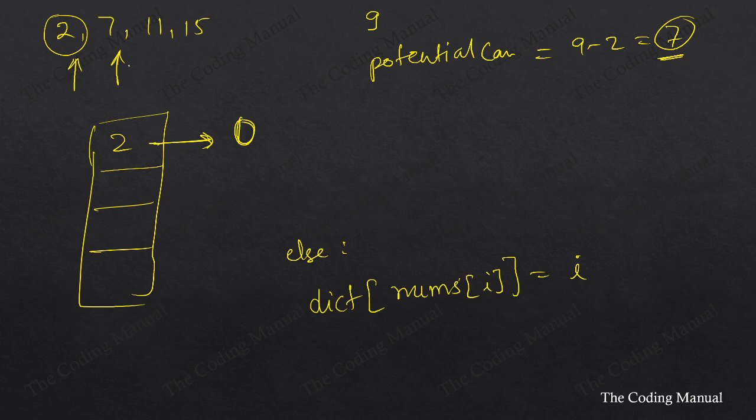Now next comes 7. So now the potential candidate becomes 9 minus 7, which is 2. Does 2 exist in this one? Yes.